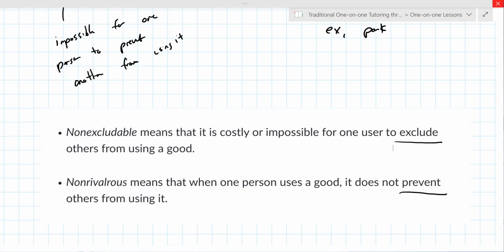Let me look at some better examples of public goods, because I think you also need those. Here's a public good: the air we breathe is an example.